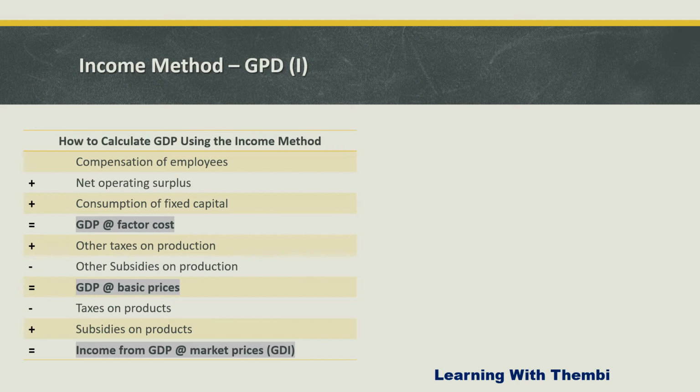So this includes the amount of natural resources and capital that has been used up, the salaries and wages that have been paid to workers, and the profit that has been made by entrepreneurs. If you take a look at the formula that we use to calculate the income method, you can see that we have new concepts that we have never discussed in our previous slides.